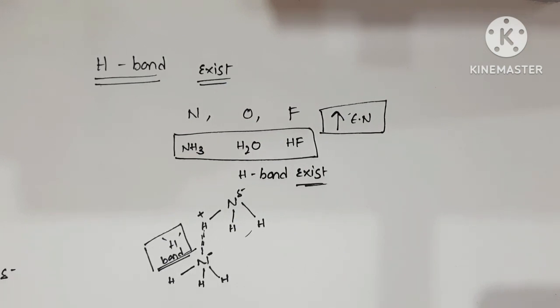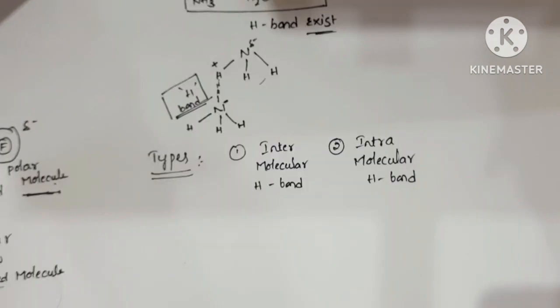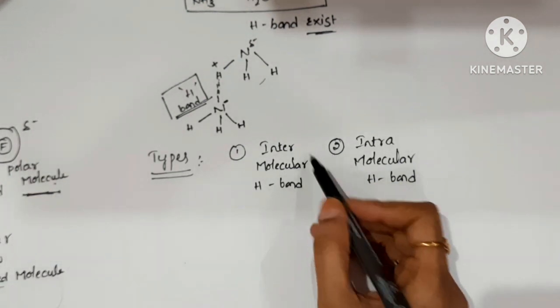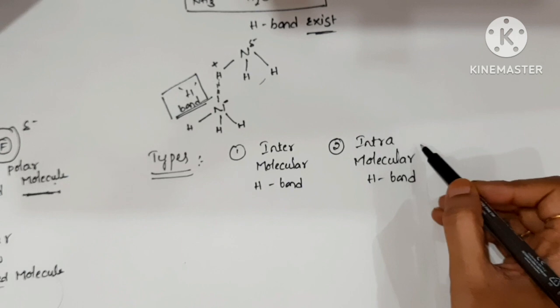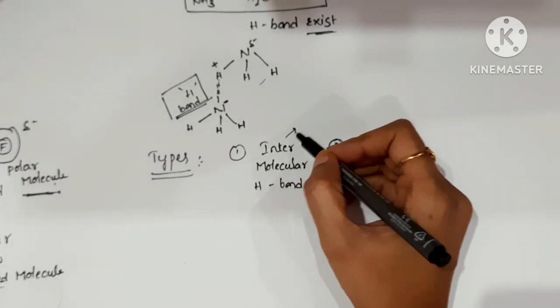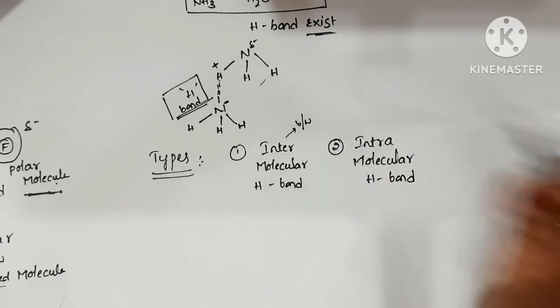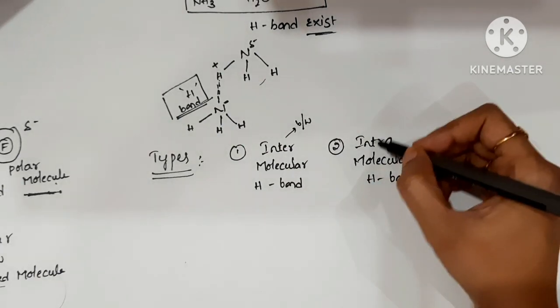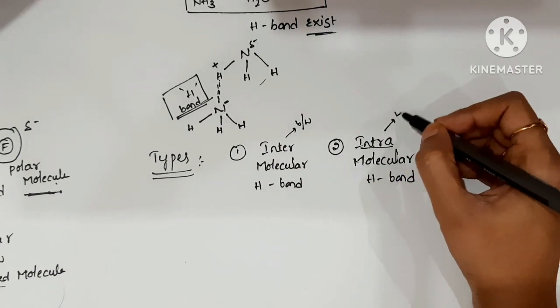Now the types of hydrogen bonds. There are two types of hydrogen bonding: intermolecular hydrogen bond and intramolecular hydrogen bond. You have to remember, inter means between, intra means within.